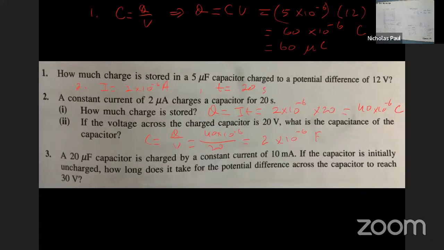A 20 microfarad capacitor is charged by a constant current. The capacitor is initially uncharged. How long will it take for the potential difference to reach 30? What's the version of the formula that we're going to use here?